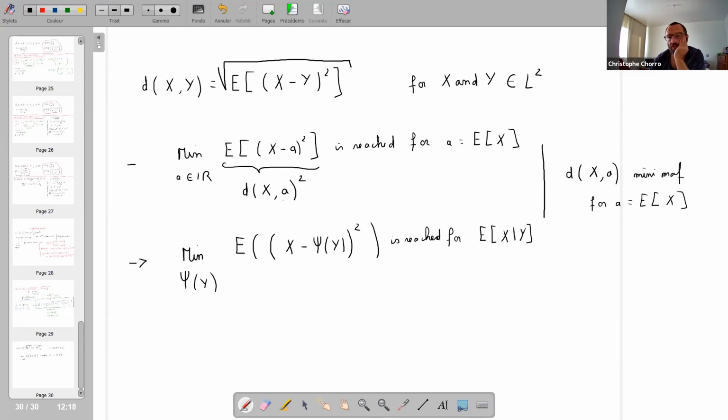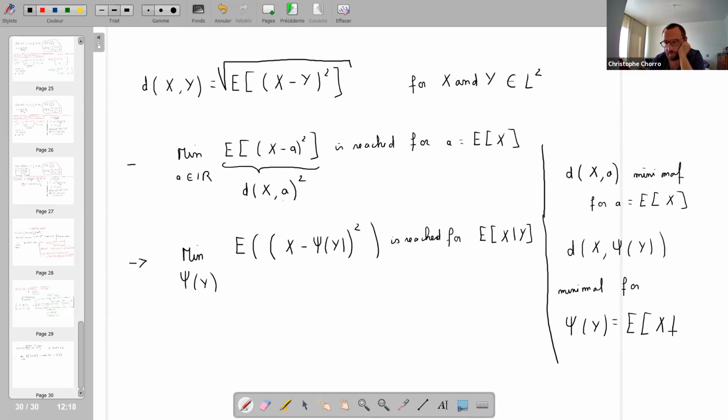With my analogy, d of x and psi of y is minimal for psi of y equal to the conditional expectation of x given y.